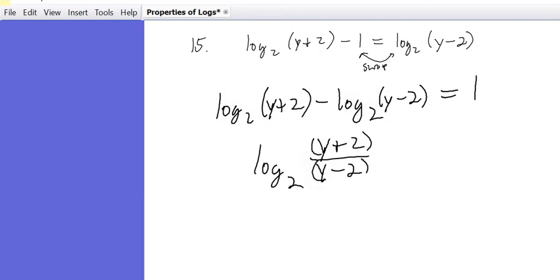Now, can I cancel anything out? Can I cancel the logs if I don't have logs on both sides? No. So now I've got an expression that needs to be converted to an exponential equation, right? So how am I going to do that? 2 to the first, my base raised to the first, equals y plus 2 over y minus 2. Now how am I going to solve this?